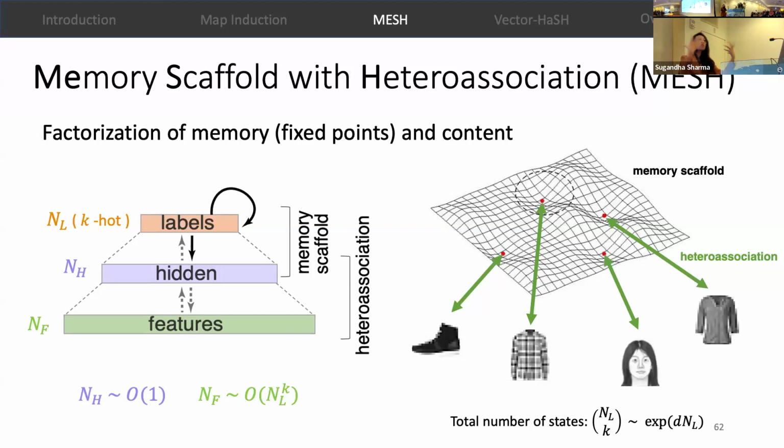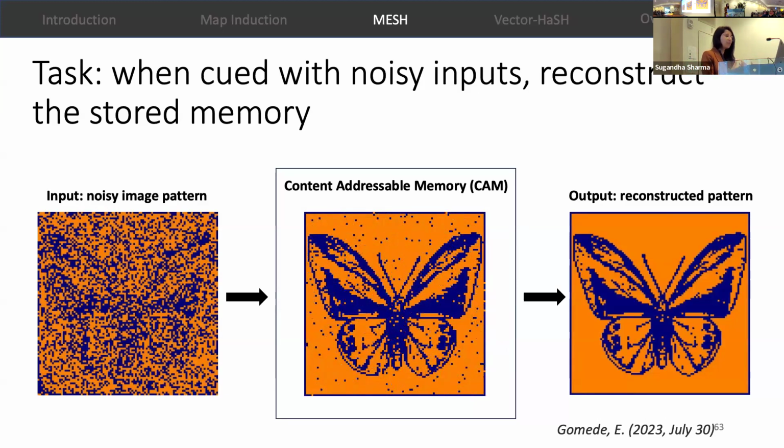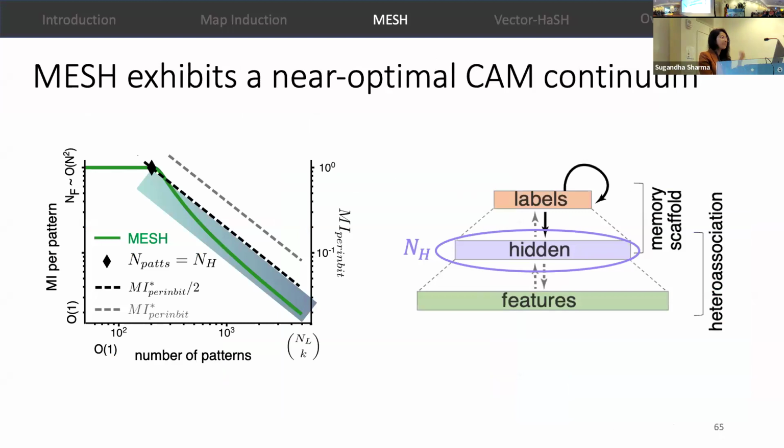Now that we've stored content into MESH, we test MESH similar to any content-addressable memory model, where given a noisy or partial input, we want to see whether MESH is able to reconstruct these stored memories. We find that MESH exhibits a near optimal CAM continuum. For patterns up to the dimensionality of the hidden layer, MESH is able to reconstruct complete information for all of those patterns.